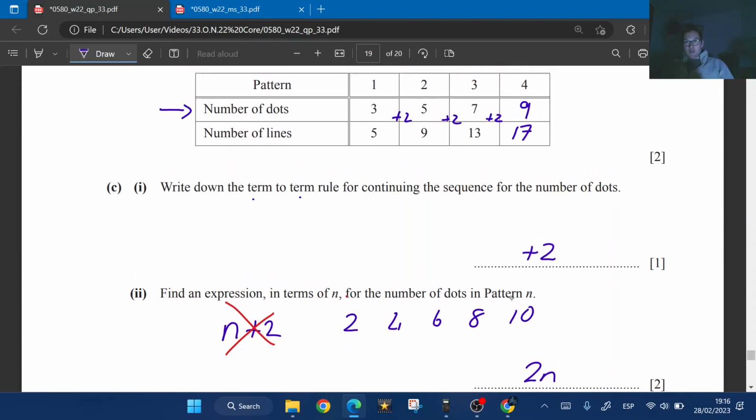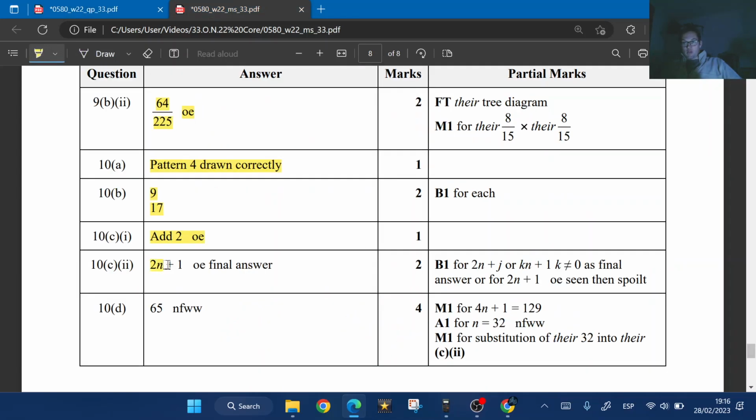But this pattern starts at 3, then 5, then 7, then 9. So it's 1 more each time, like the 2 times table with 1 added. So 2n plus 1 it is.